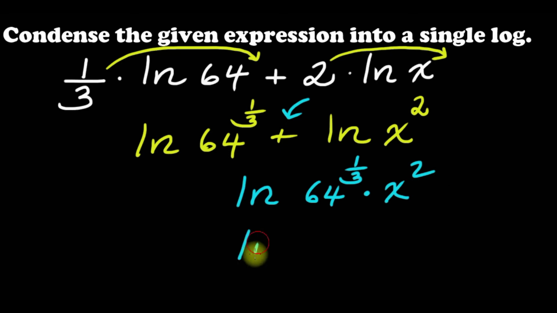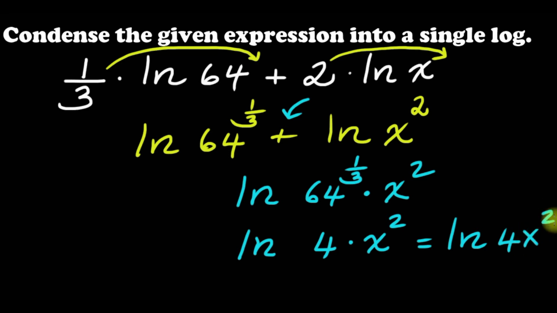Now 64 to the 1/3 is the same as cube root of 64, and that is going to give you 4, because 4 times 4 times 4 is 64, and then bring down the x squared. So your final answer here is going to be ln 4x squared.